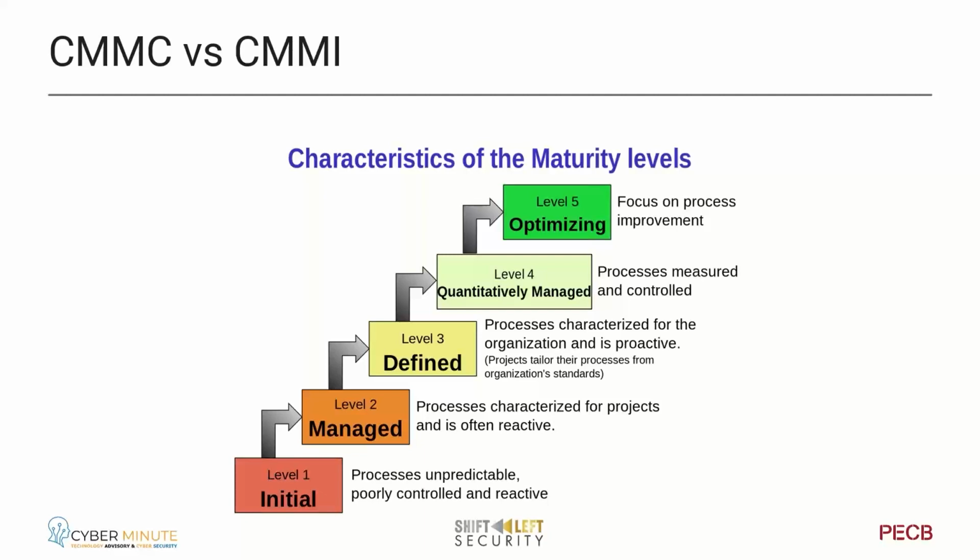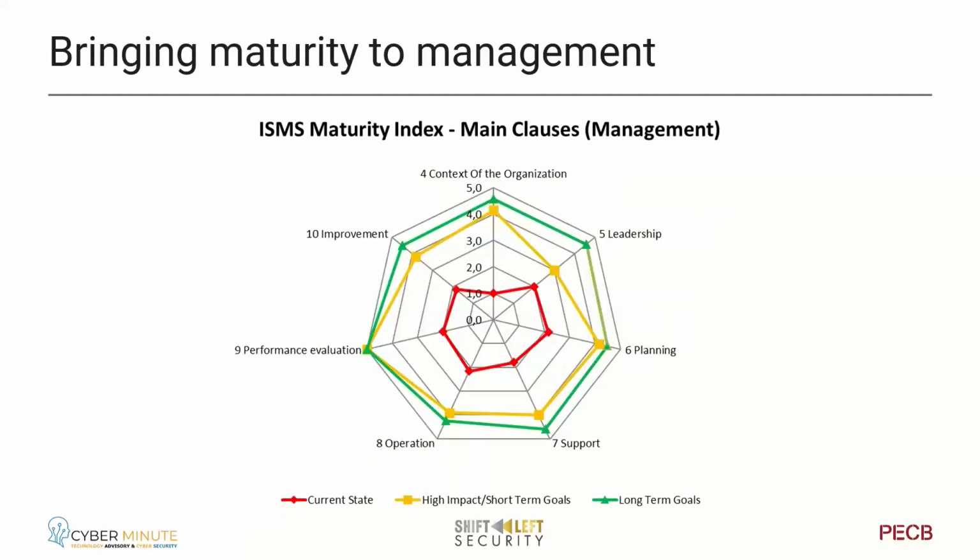It's not your entire enterprise that has a system, but you need to check the maturity of every single process in combination with how you develop it. CMMC makes a statement that the minimum level that you get is the final certification level that you will get, and CMMI takes a slightly different approach. For CMMI, you need to look at the process level only, so that's where the difference is.